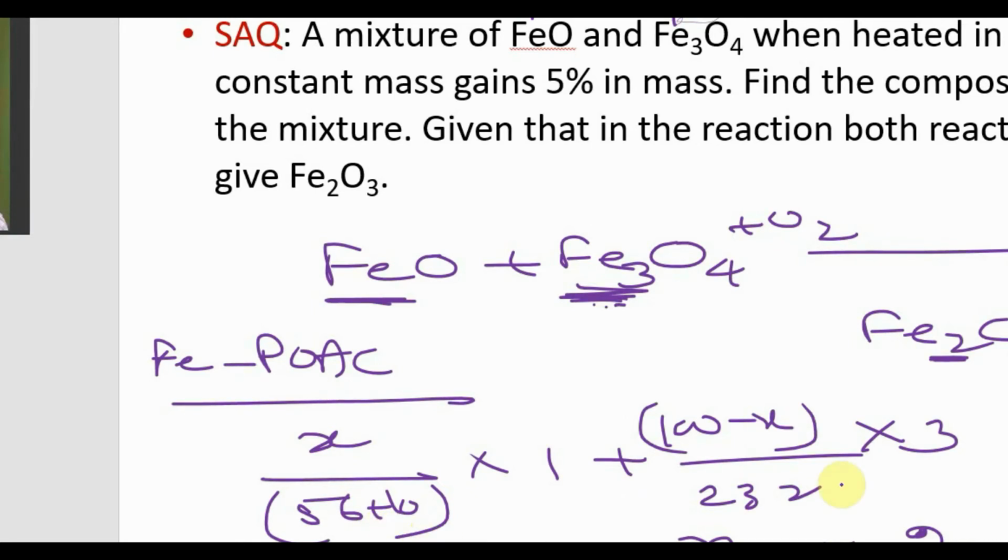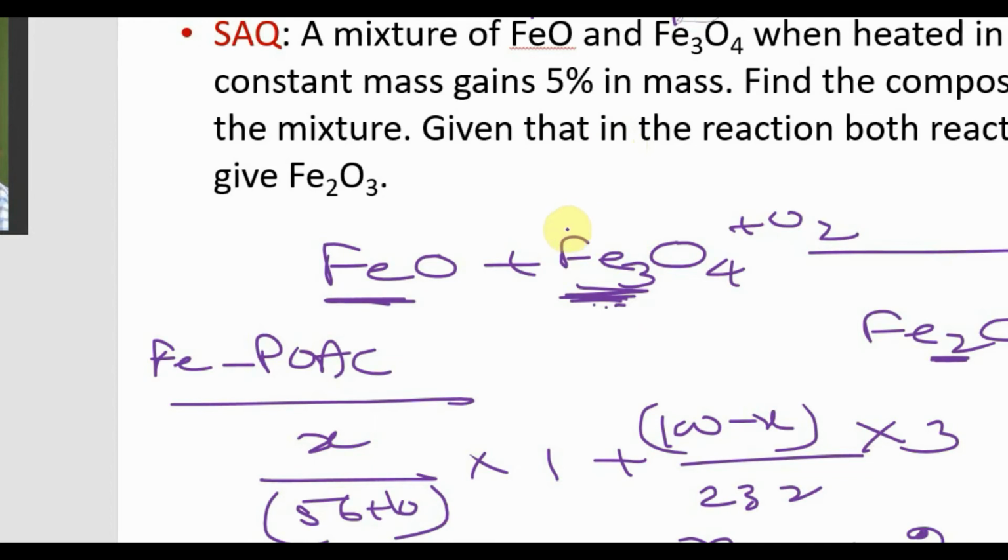This is one relation, and the mixture on heating to constant mass gains 5% in mass. So it was 100 in the beginning, now it is 105, because we have taken 100 as the initial mass. So 5% gain means the total mass is now 105.